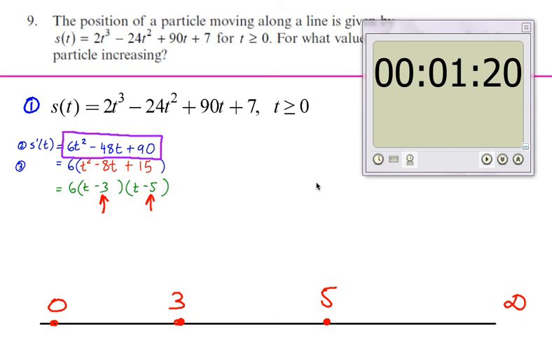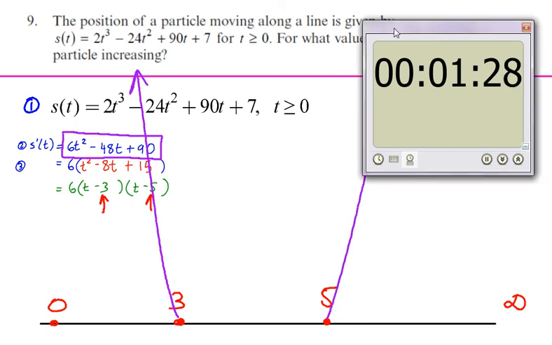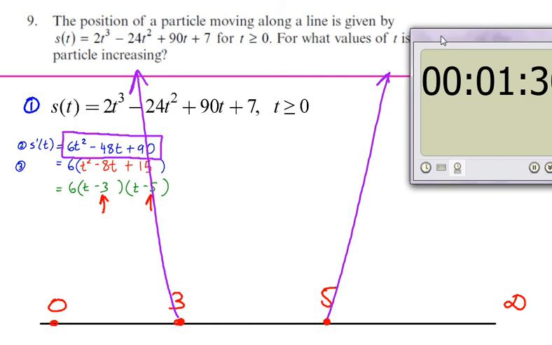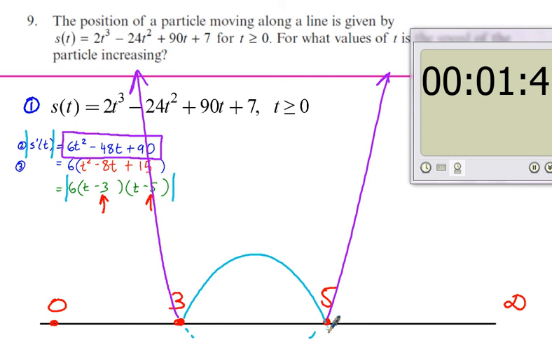Okay, timer back on. All right, so in terms of the graph of this function, I know that it goes up like that, goes up like that, and if I want to graph the absolute value of that, which is again the speed function, then rather than dipping down below like that, we're going to mirror it up, okay, and this now tells me the answer that I'm looking for.